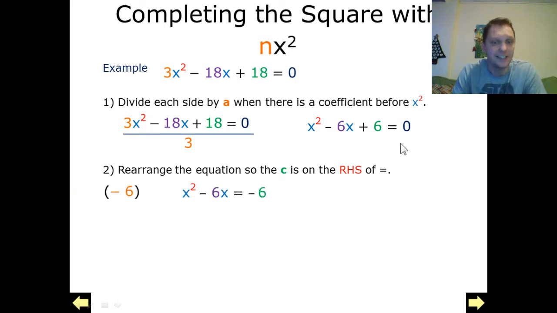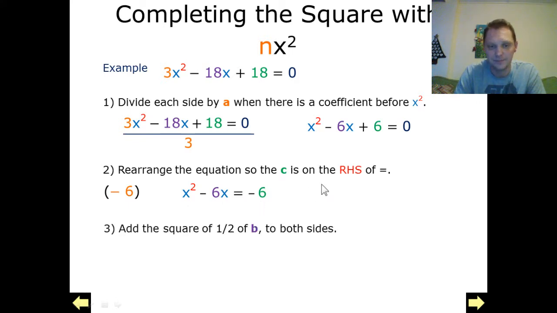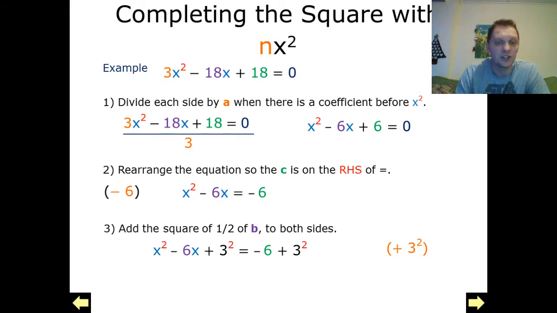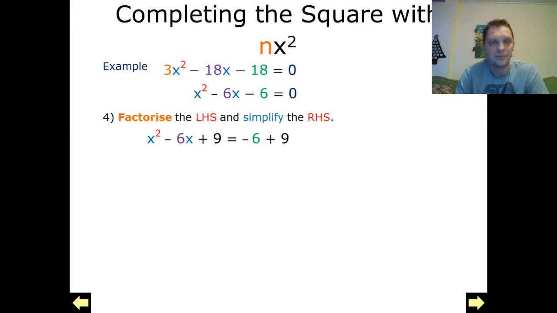So if we subtract 6 from both sides, we're left with x squared minus 6x equals negative 6. Now we're going to add the square of 1/2 of b, so 1/2 of 6, to both sides. So adding 3 squared to both sides, we're going to be left with x squared minus 6x plus 9 equals negative 6 plus 9 on the right hand side.